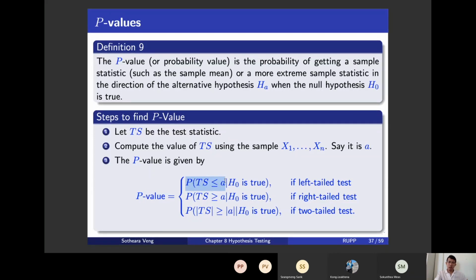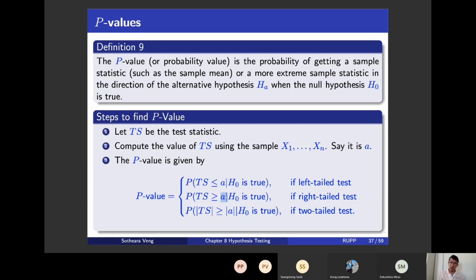P-value is the probability that, okay, a while ago we looked at the right-tail test. The p-value is the probability that the test statistic is greater than the test value, right?